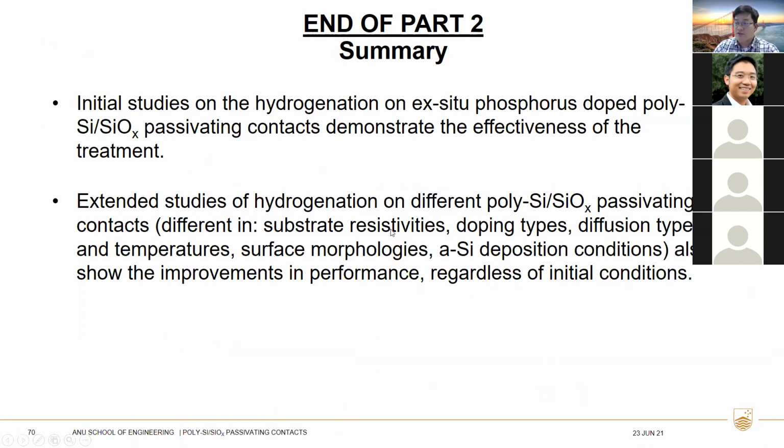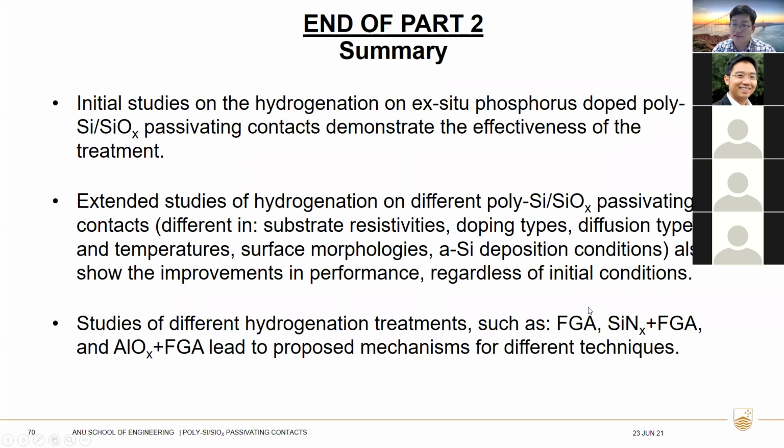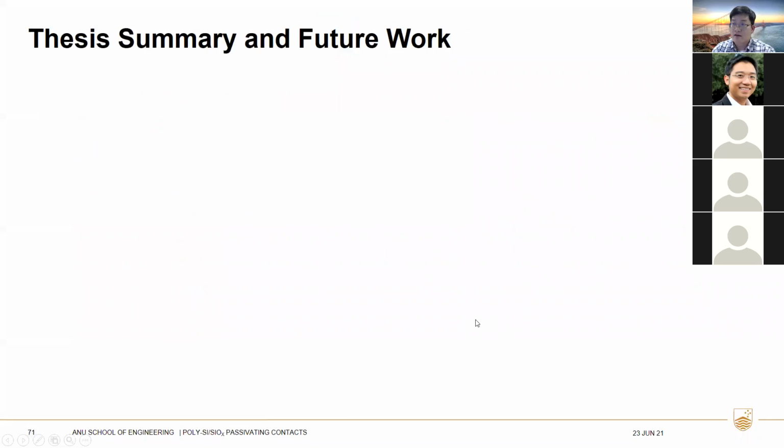Extended studies on the hydrogenation of different polysilicon passivating contacts, differing in substrate resistivity, doping type, diffusion temperatures, diffusion types, surface morphologies, and amorphous silicon deposition condition, also show the improvement in performance regardless of the initial condition. And finally, the studies of different hydrogenation treatments using forming gas anew, silicon nitride forming gas and ALOX forming gas lead to the proposed mechanisms for the different techniques.